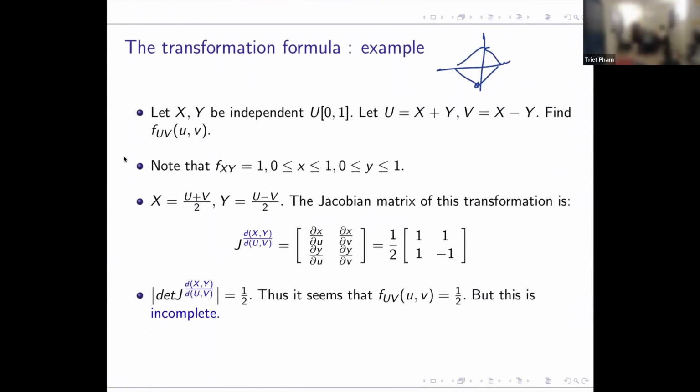Then you have to find the Jacobian of that map and find its determinant. Then you plug in. This is a constant, so there's nothing there. Multiply with the absolute value of the determinant. So, like I said, this seems to be it, but it is incomplete. We know why it's incomplete.